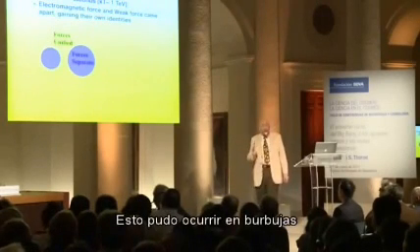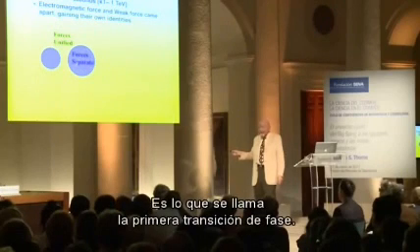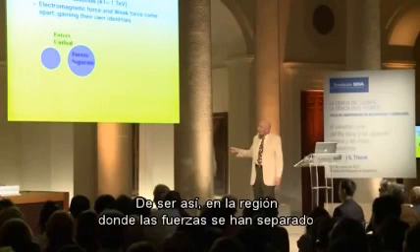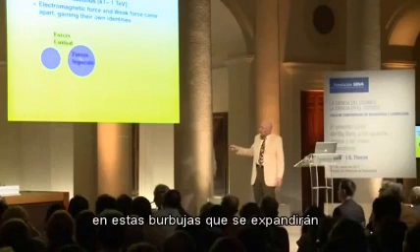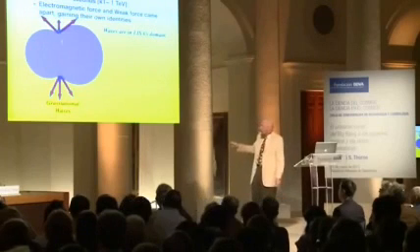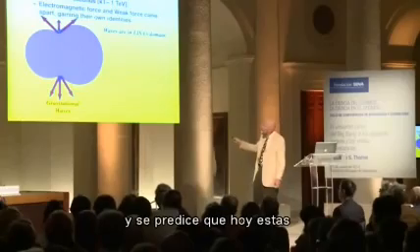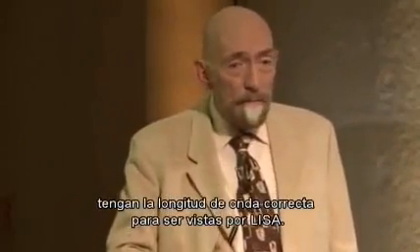And this may have happened in bubbles like water droplets condensing in the sky. And if so, then this is called a first-order phase transition. If so, then the region where the forces have separated, where the new laws of physics are occurring, is inside these bubbles, and these bubbles will expand at nearly the speed of light, collide, and produce gravitational waves in the collision. And those gravitational waves are predicted today to have the right wavelength to be seen by LISA.